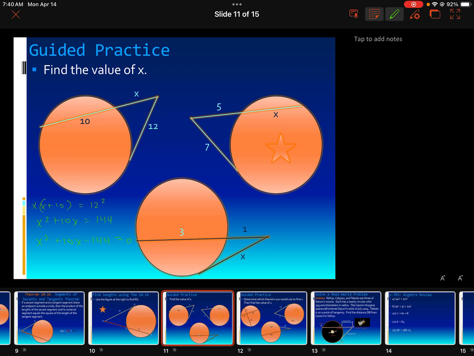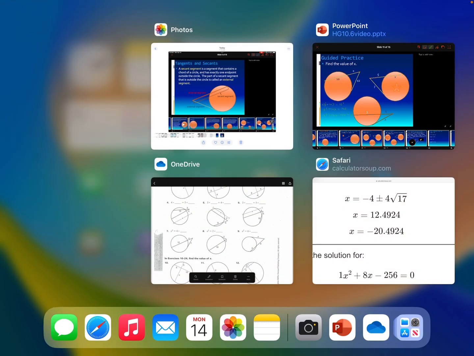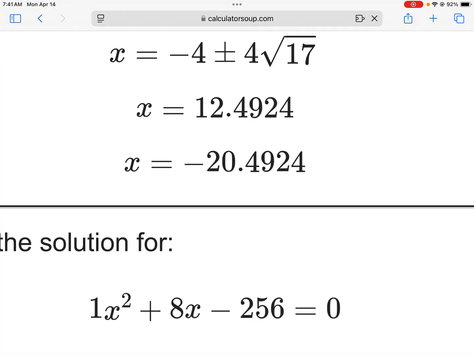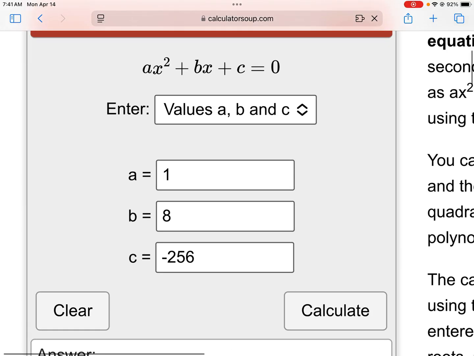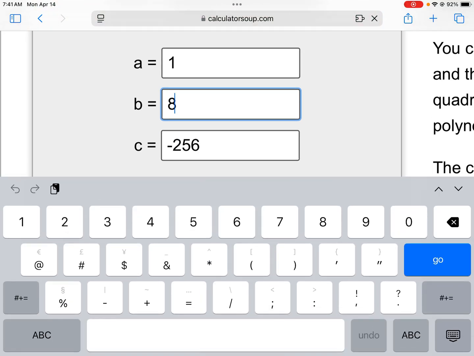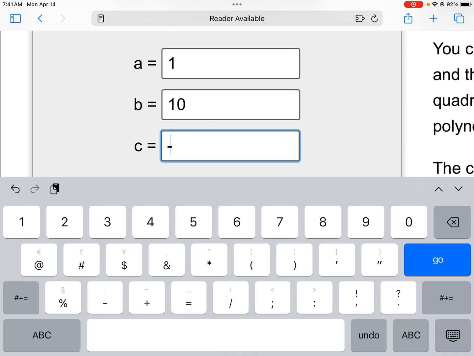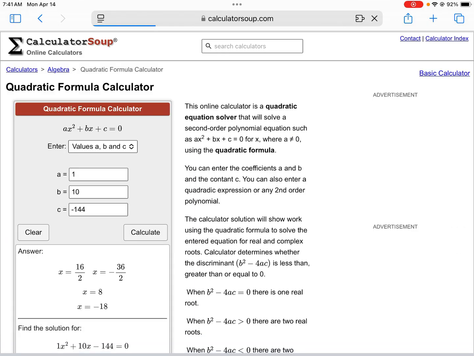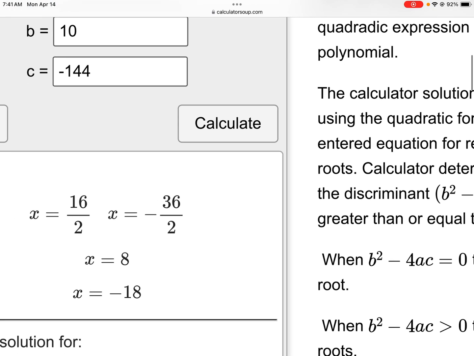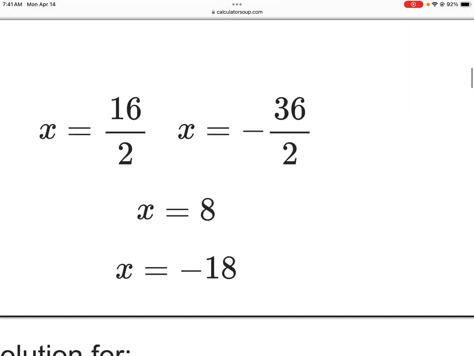A would be 1, B would be 10, C would be negative 144. Yeah, this looks a little bit better. X is 8 or X is negative 18.